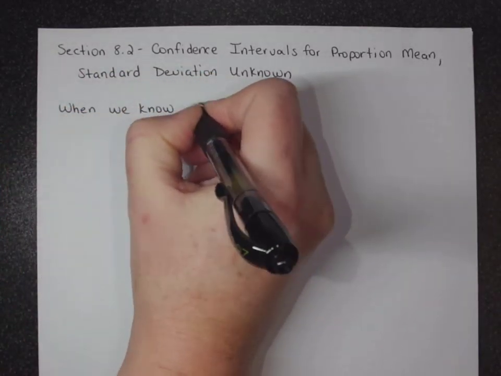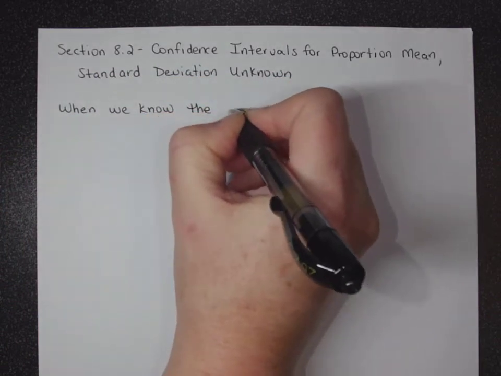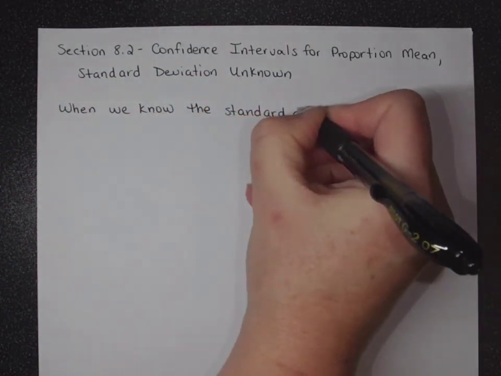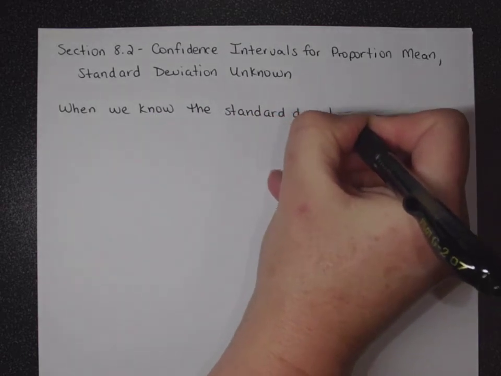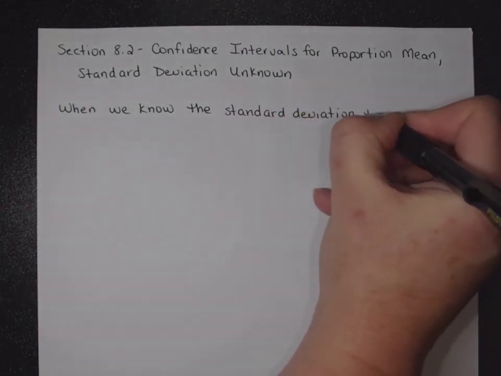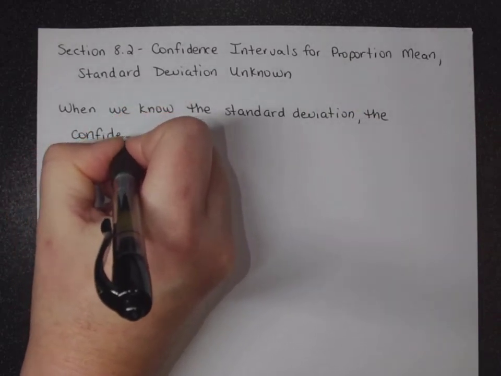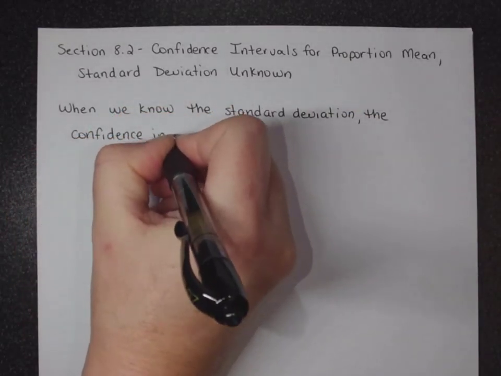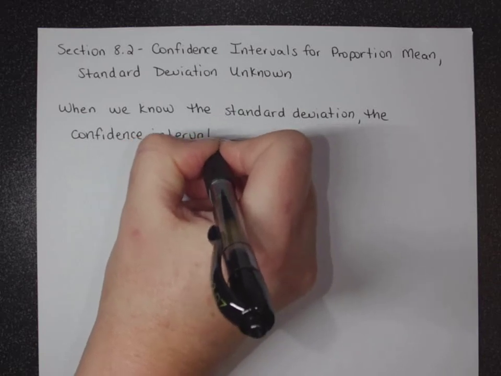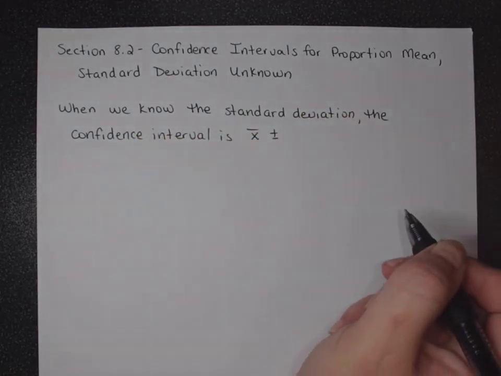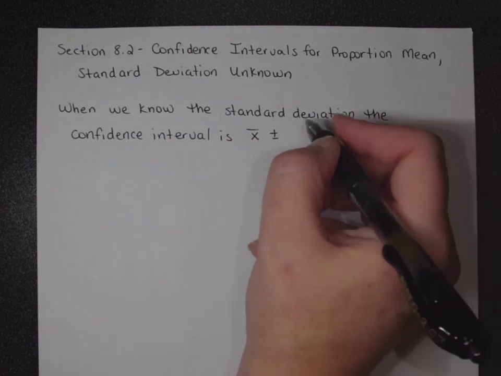So when we know the standard deviation, like in the last section, the confidence interval could be found by taking the sample mean plus or minus the standard error. And this is going to look more complicated than it is.